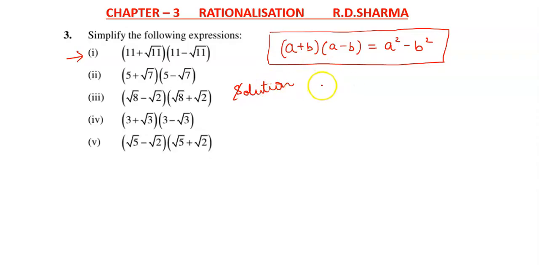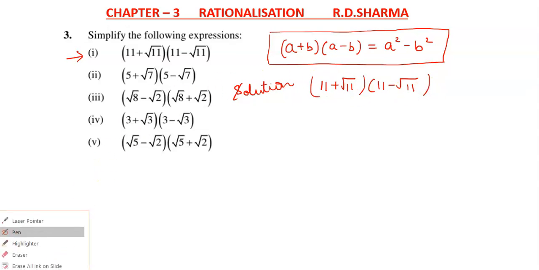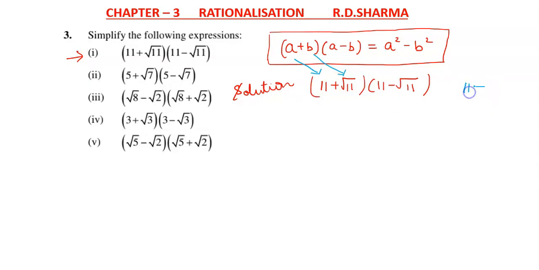So I will compare here (11 plus root 11) into (11 minus root 11). Let me change things so it will be easy for you to differentiate. We can easily compare. What is a here? 11. What is b here? Root 11, not 11, root 11. 11 is not equal to root 11 students.